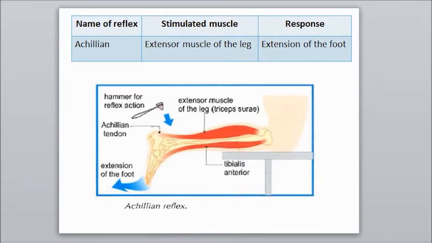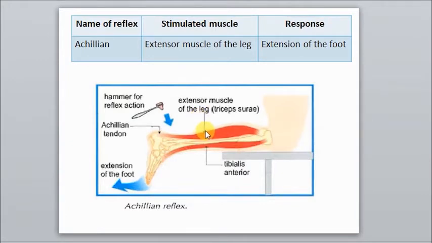As you would observe, a small rubber hammer is going to be used to hit the Achillean tendon. Now, hitting the Achillean tendon is going to cause the extensor muscle of the leg, here, this muscle, to contract.